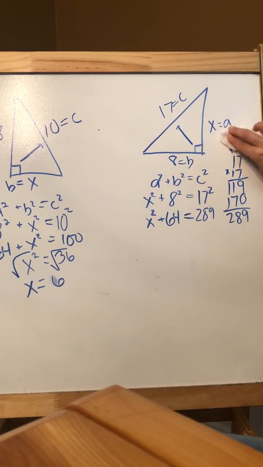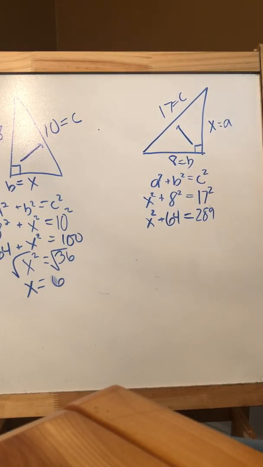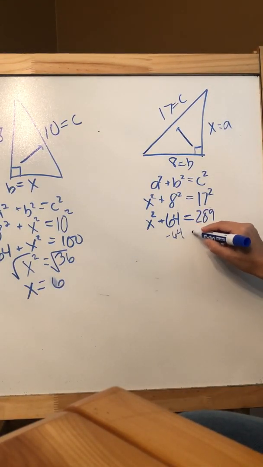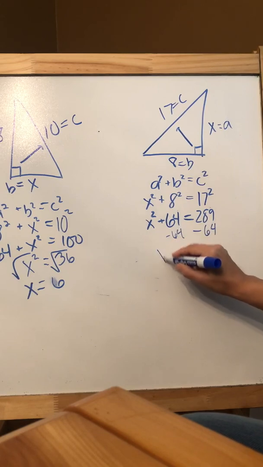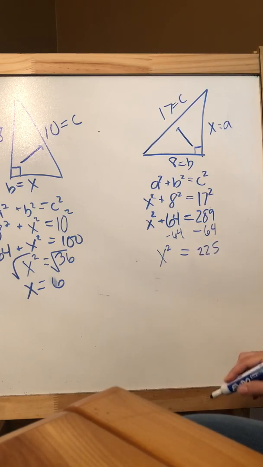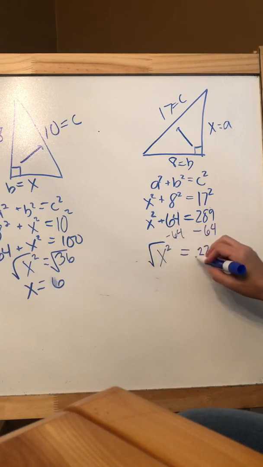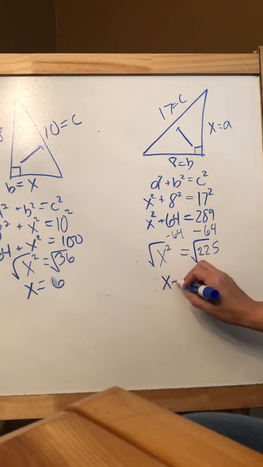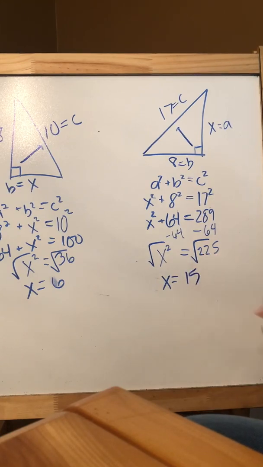So now we're going to subtract 64 from each side, right? So we have x squared equals 225. Okay, take the square root of each side so that we cancel out this exponent. So we have x equals 15. Square root of 225 is 15. So your x here equals 15.